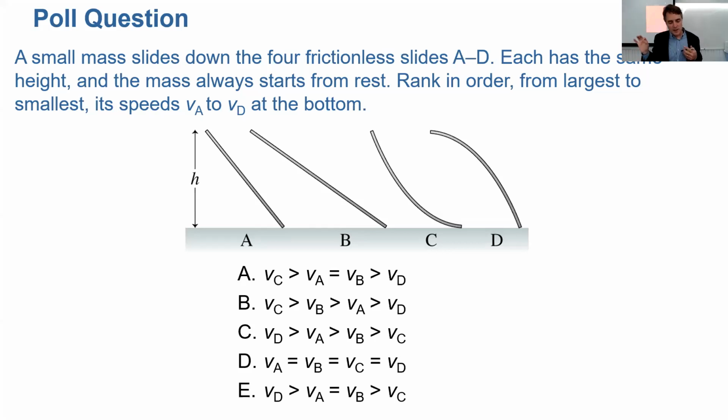Rank in order from largest to smallest the speeds of this mass, vA, vB, vC, and vD, when it gets to the bottom of the slide. Okay, you guys want to click in on this? See what you think?